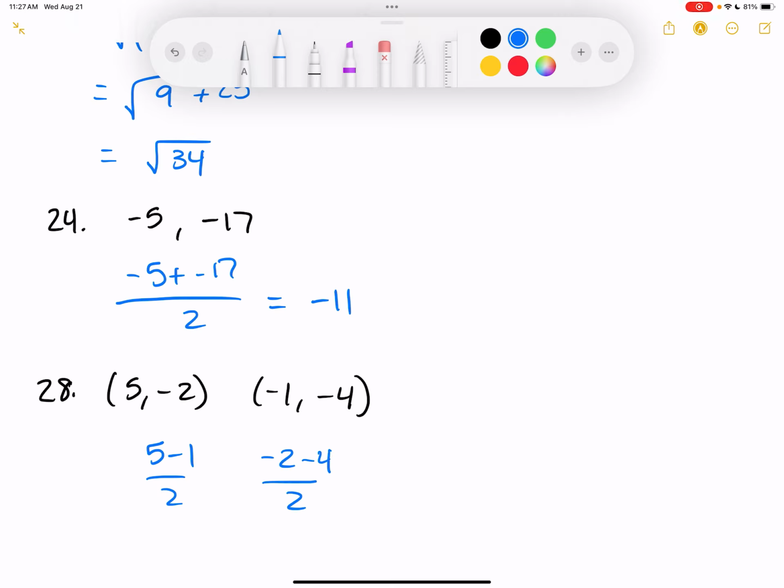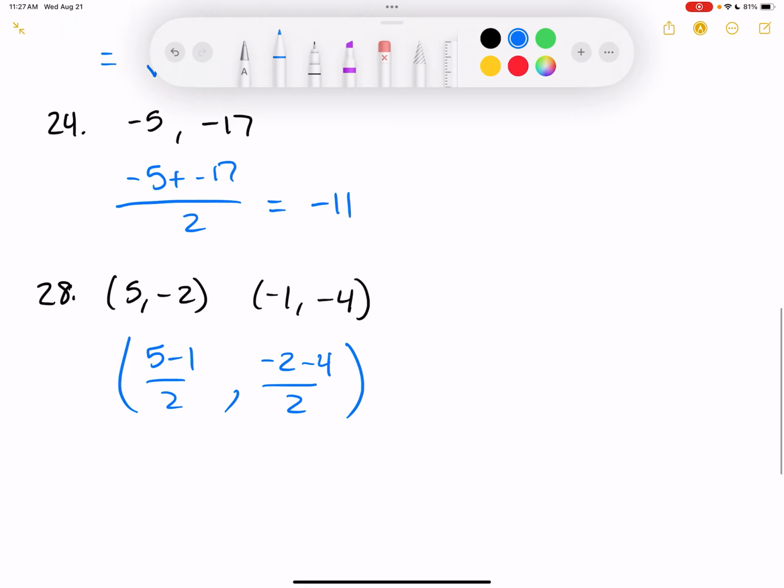What form does this answer get written in? As a point, yep, as an xy coordinate. So then that ends up being the point 2, negative 3.